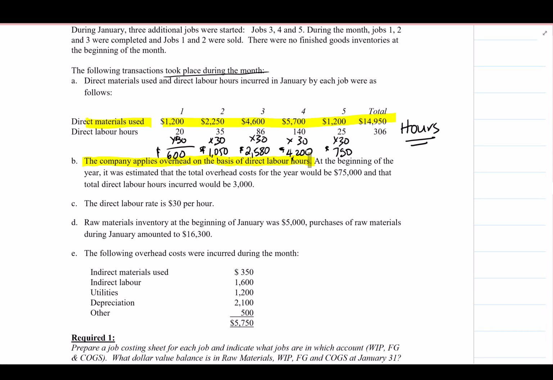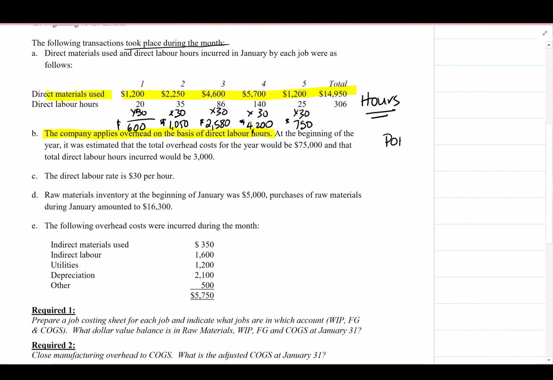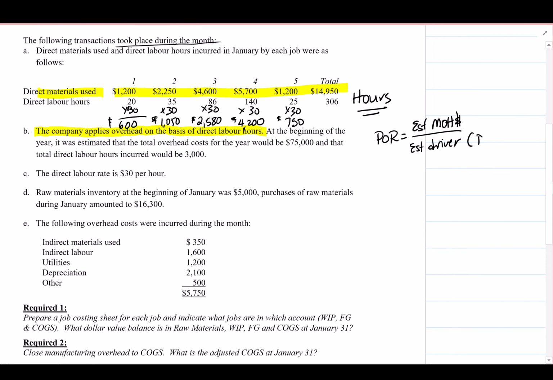Direct labor hours is the driver. So our predetermined overhead rate is going to be our estimated or budgeted manufacturing overhead dollars divided by our estimated driver. And they've said in this case, our driver is direct labor hours.